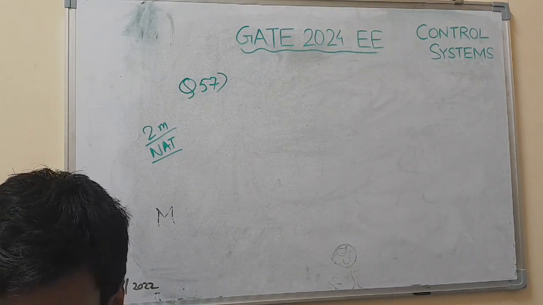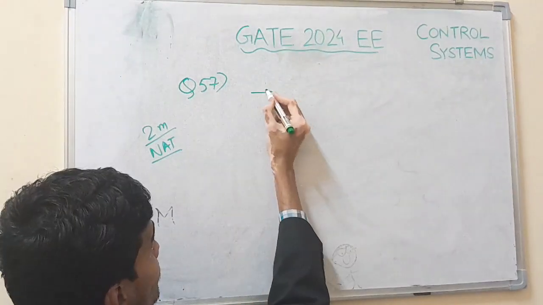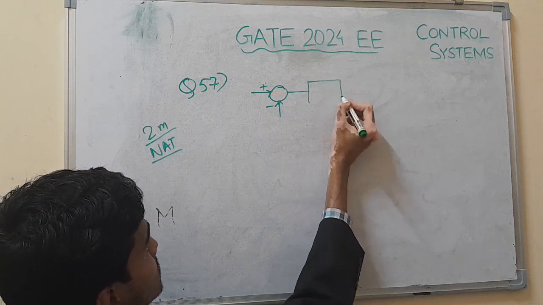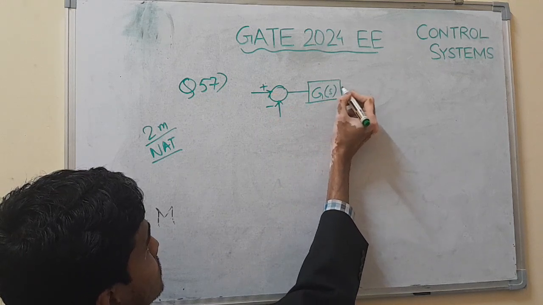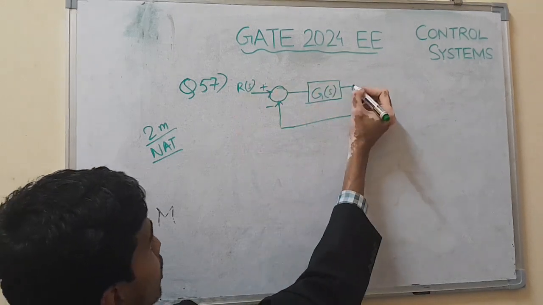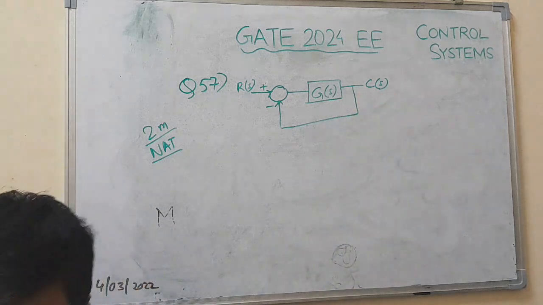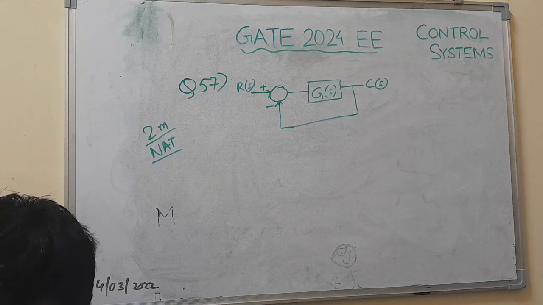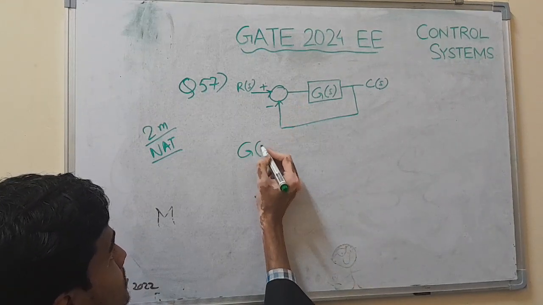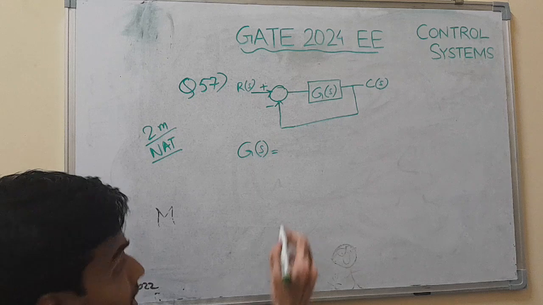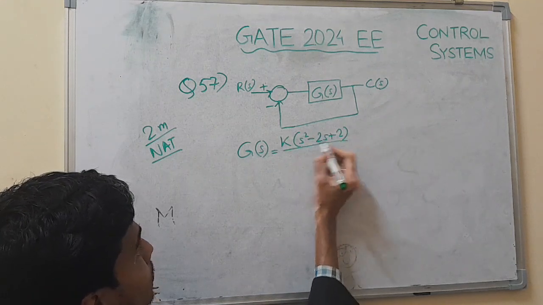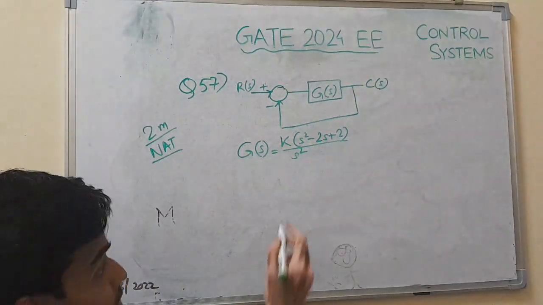There is a closed loop system given in the figure, a very simple unity feedback system. The input is given as R(s), the output is given as C(s), and the open loop transfer function G(s) is given as K times (s² minus 2s plus 2) upon (s² plus 2s plus 5).